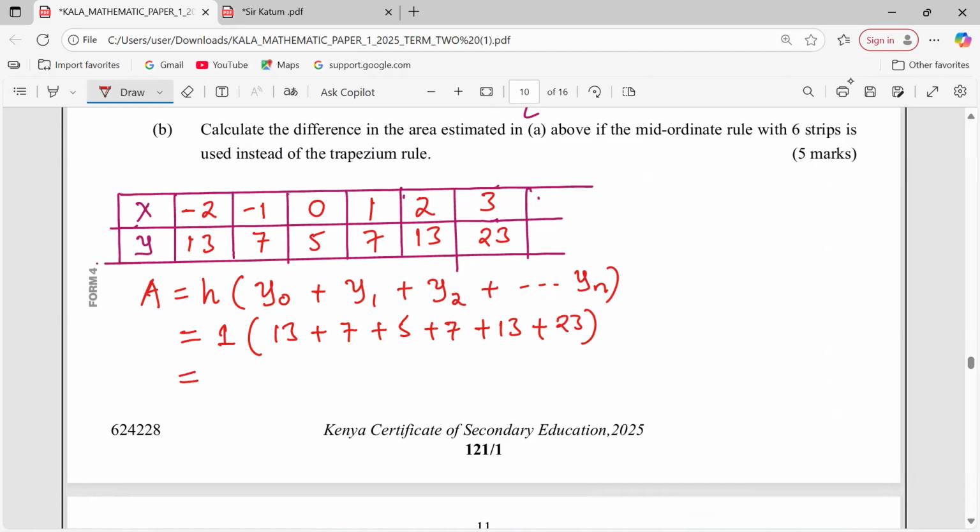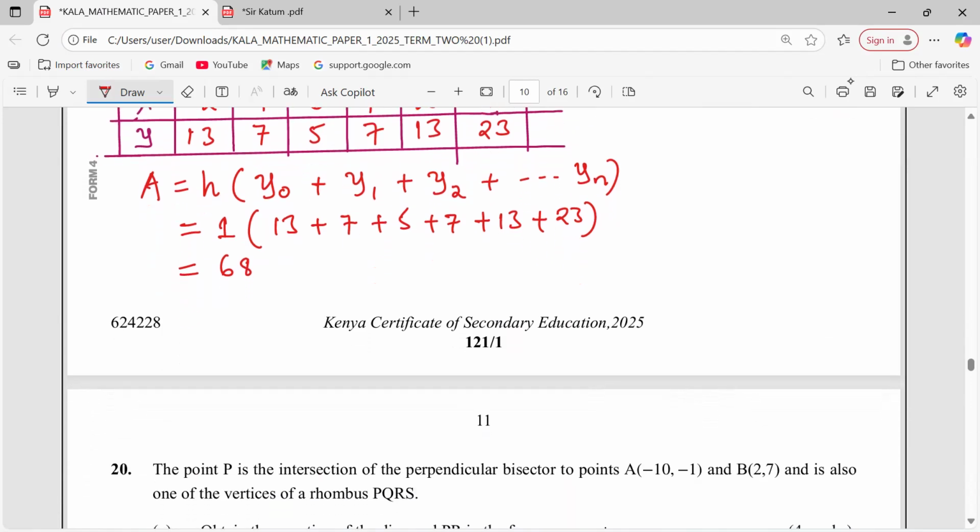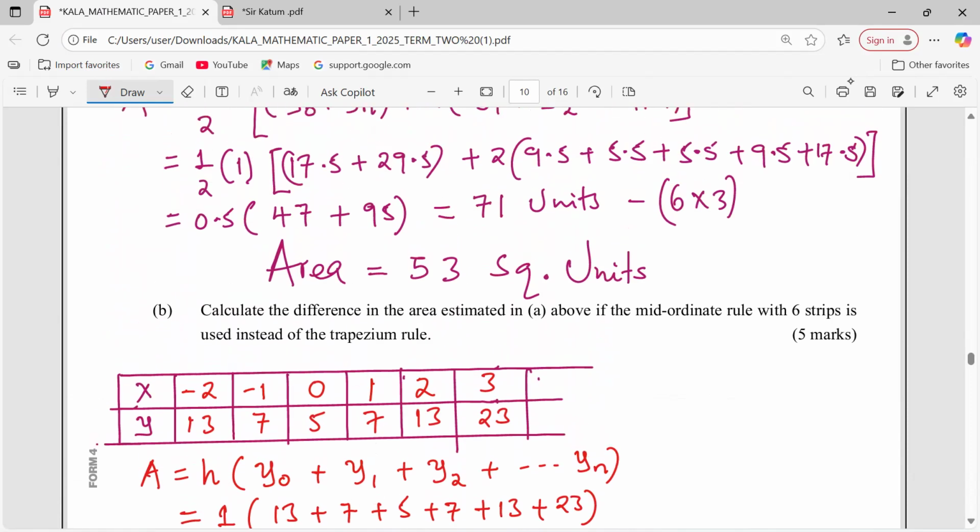So this is going to be 20 plus 20, 40, 45, 45 plus 23. This gives us 68 square units.